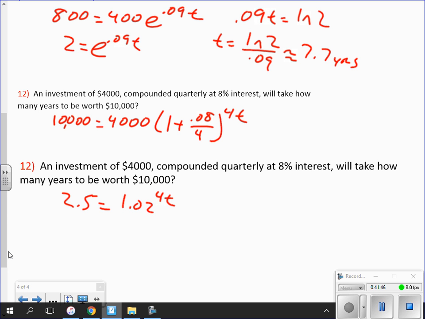I take the natural log of both sides. On this one, take the 4t, bring it out in front. So you get t times 4 natural log of 1.02 is equal to the natural log of 2.5.